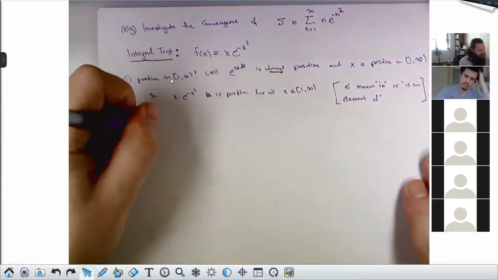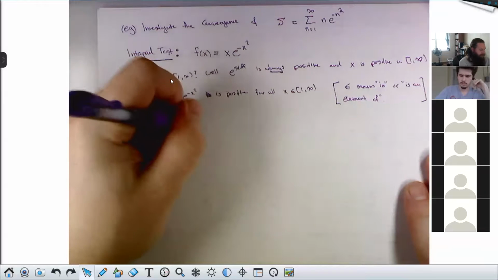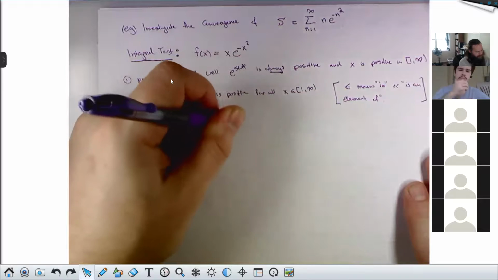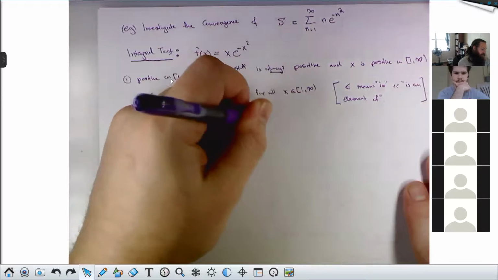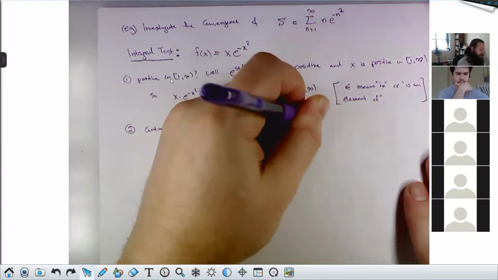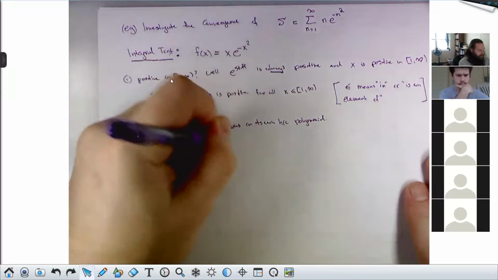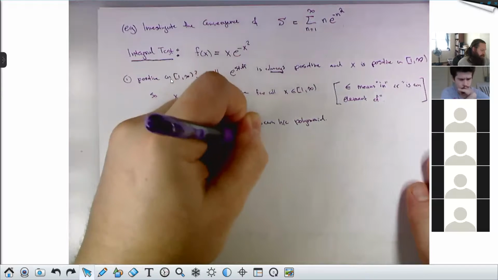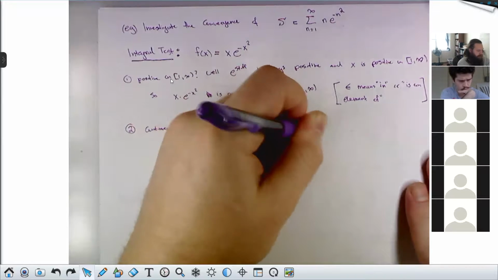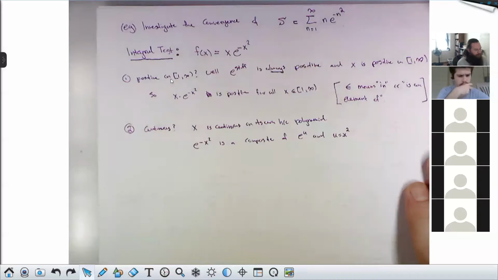Is it continuous? Well, x is continuous on its own because it's a polynomial. E to the negative x squared is a composite of e to the u, where u equals negative x squared.